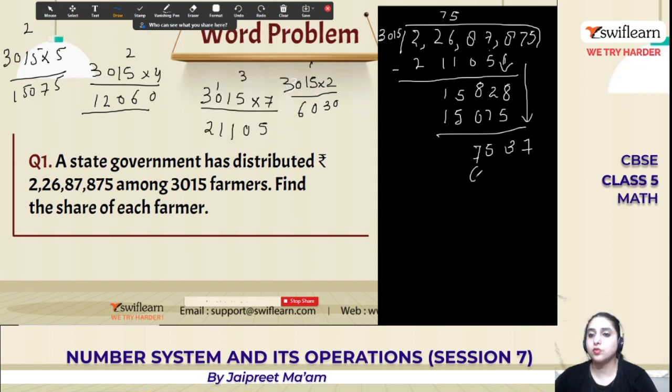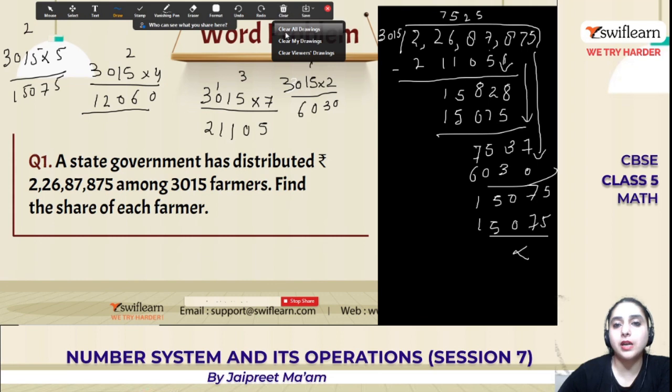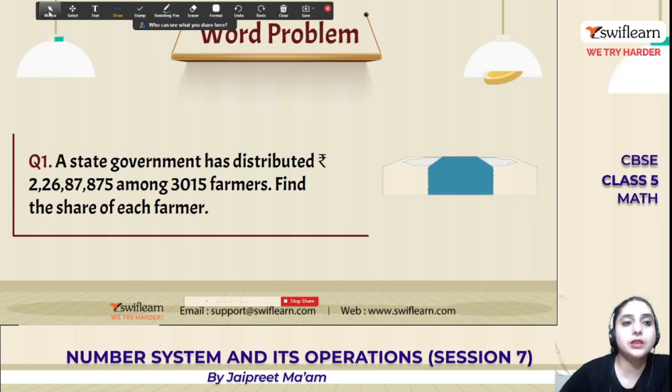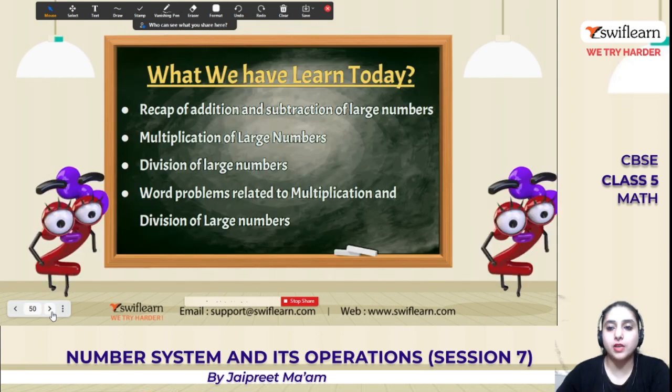Let's write down 6030. When we do subtraction, we will get 0 and 5. We bring this 5 down and we get 1. So it's easy. We have already checked with 5. So we got the answer: 7525 is our answer, and it is completely divisible by 3015. Right? Okay, so our answer is correct.